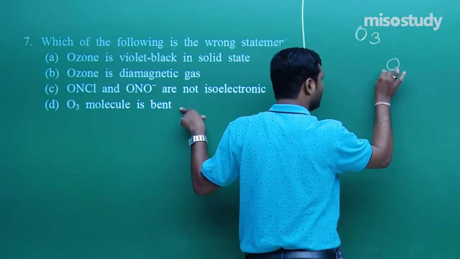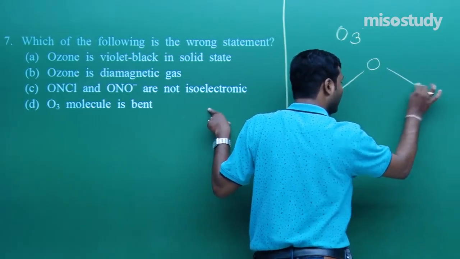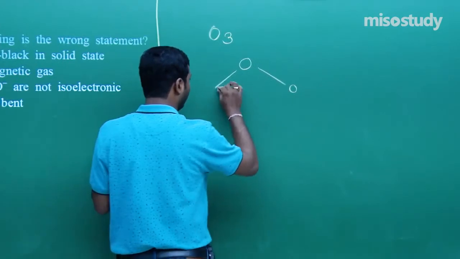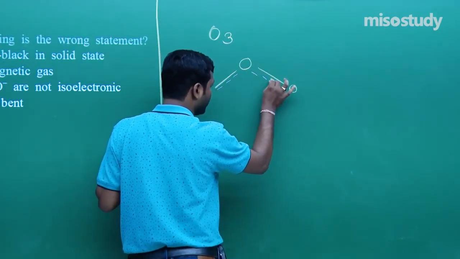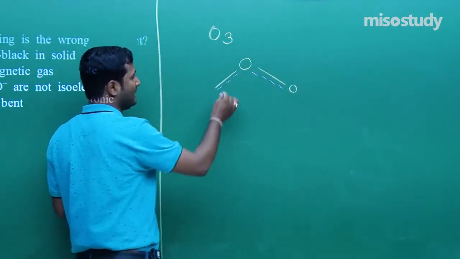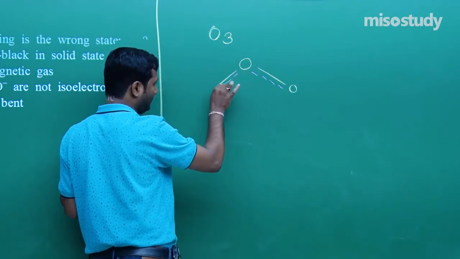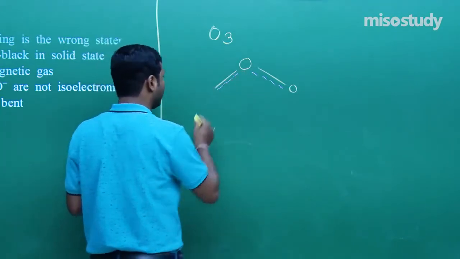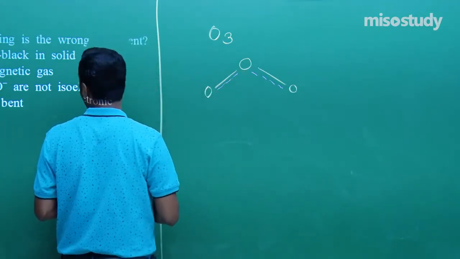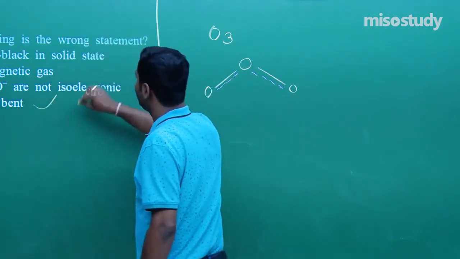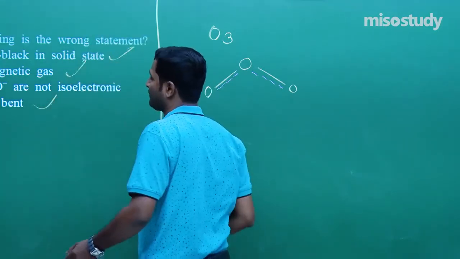Definitely, if I draw the structure of O3 like this, it exists as two resonating structures. Do you remember this? This is the resonating form, this is the structure of O3. This one is correct, this one is correct, and this one is correct for ozone.